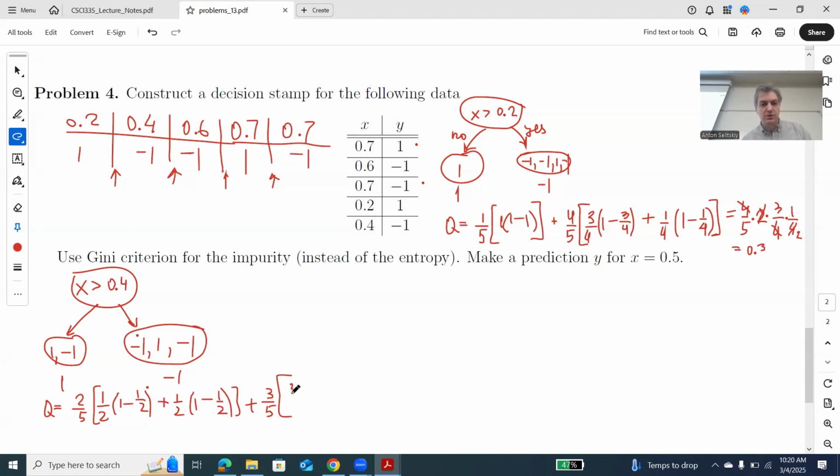Probability of negative class. Positive.